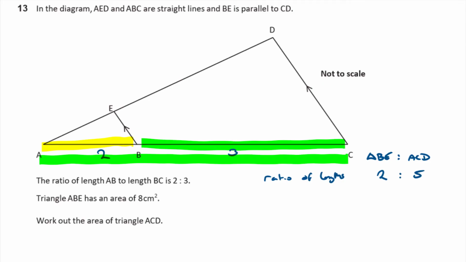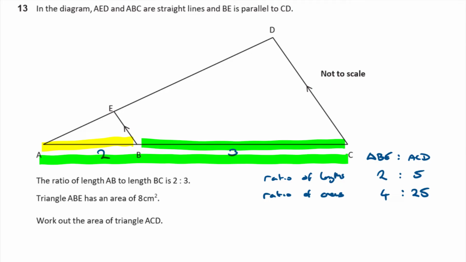Okay? So the ratio of their areas is going to be the square of that, then, isn't it? So it's going to be 2 squared, which is 4, and 5 squared, which is 25, because the ratio of areas is always the square of the ratio of the lengths in similar shapes.